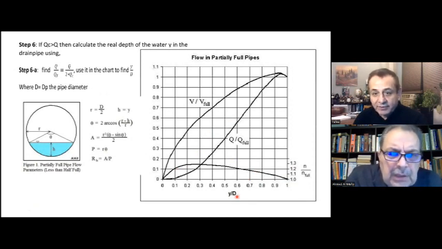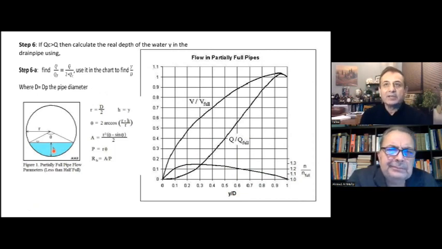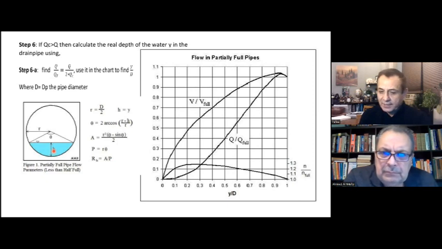Now, this figure is usually found in any hydraulic textbook, in textbooks on the design of flow in pipes.